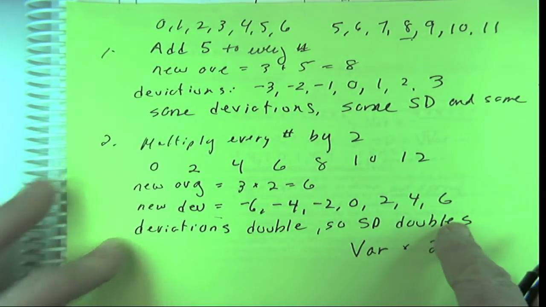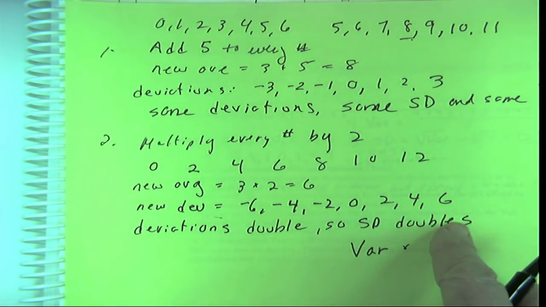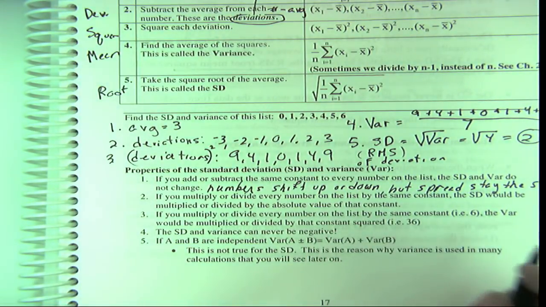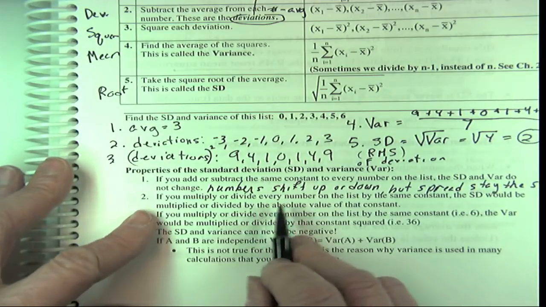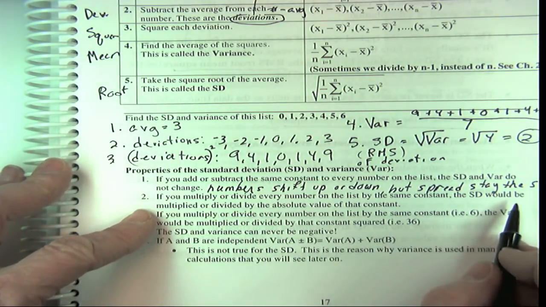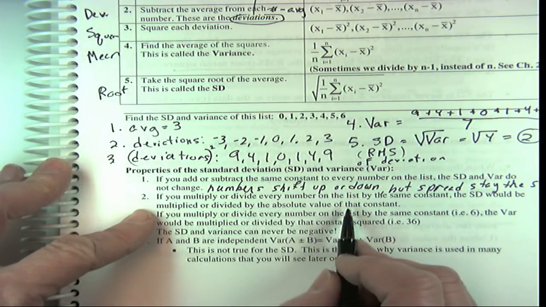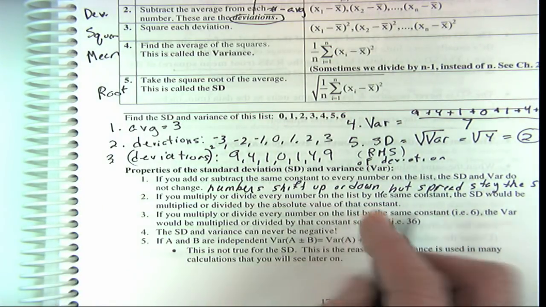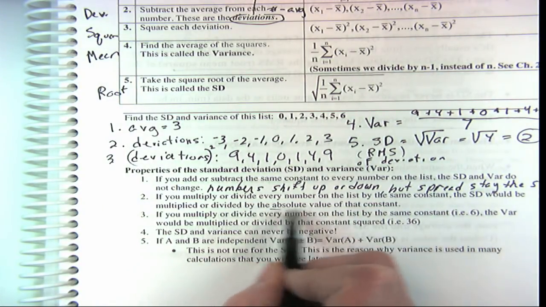So if the deviations are tripled, and then you square them, that would be like multiplying by 9. Let's write that down right here. If you multiply or divide every number on the list, the standard deviation would be multiplied or divided by the absolute value of that constant. Why the absolute value? Because it can never be negative.